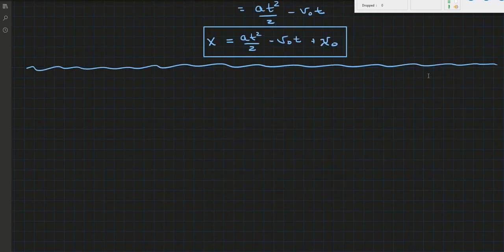Finally, let's look at one more situation. Let's do the velocity as a function of distance.